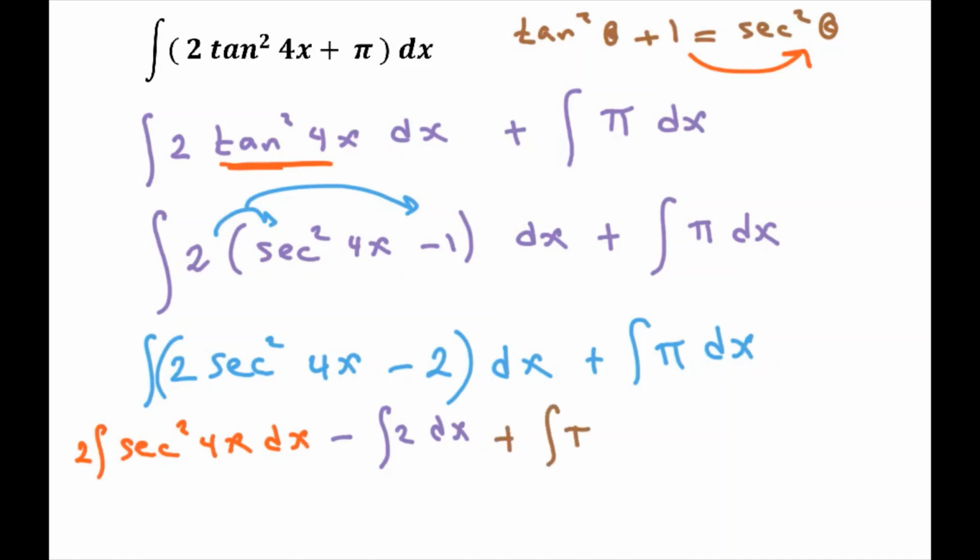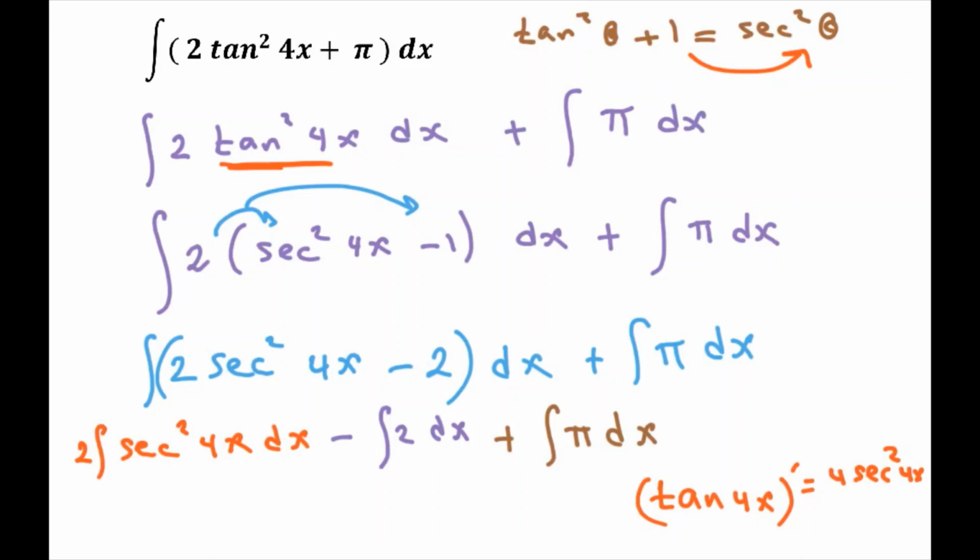plus pi dx. Now we all know that the derivative of tangent x is going to be secant squared x. However, I'm not looking for tangent x. I'm looking for tangent 4x, whose derivative is 4 secant squared 4x.